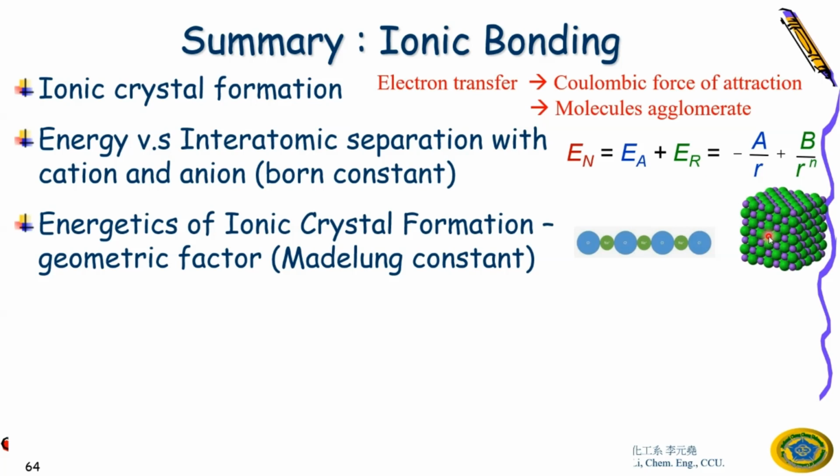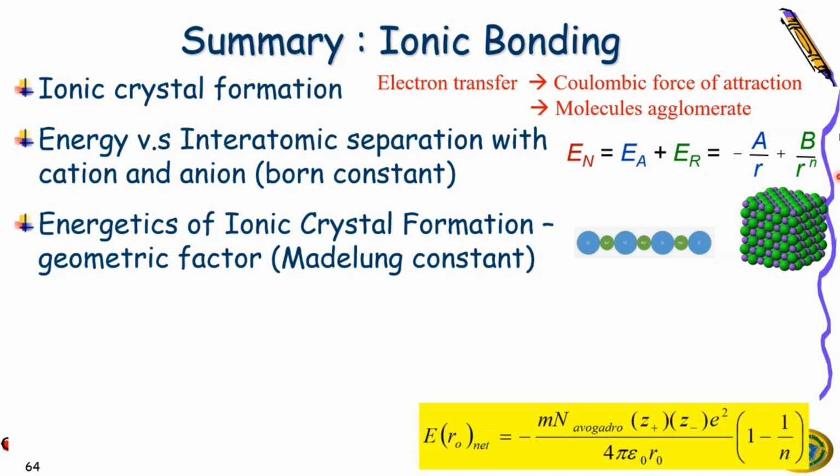If we put the Madelung constant in the form of energy, when r reaches r0, where r0 means equilibrium spacing, we can use this equation to represent the energy of the ionic bonding. M is the Madelung constant, N is the Avogadro number.